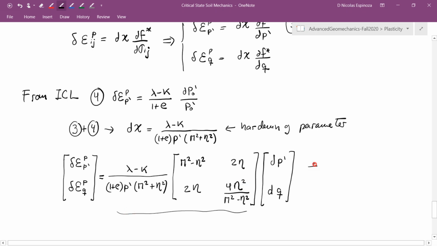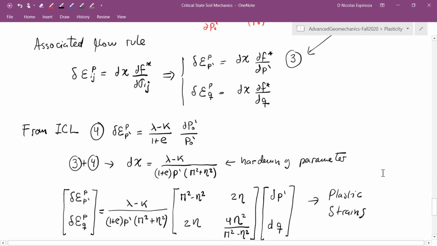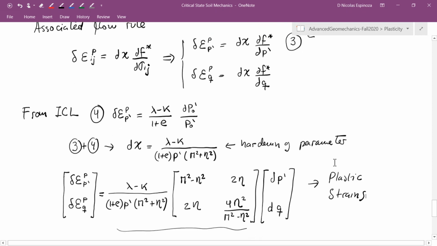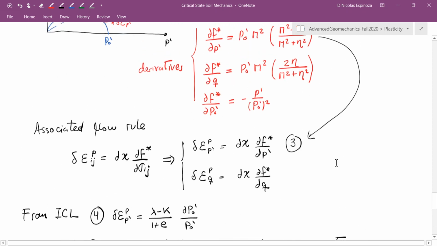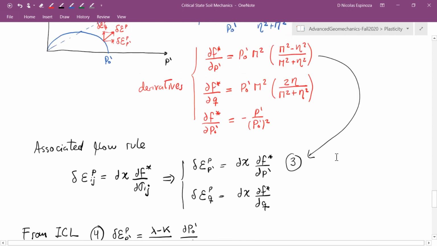Now with this equation, I can calculate the plastic strains. I'm putting together the elastic part and the plastic part, so now I can calculate the full strain for this elastoplastic model. All right, let me see if I forget anything over here.